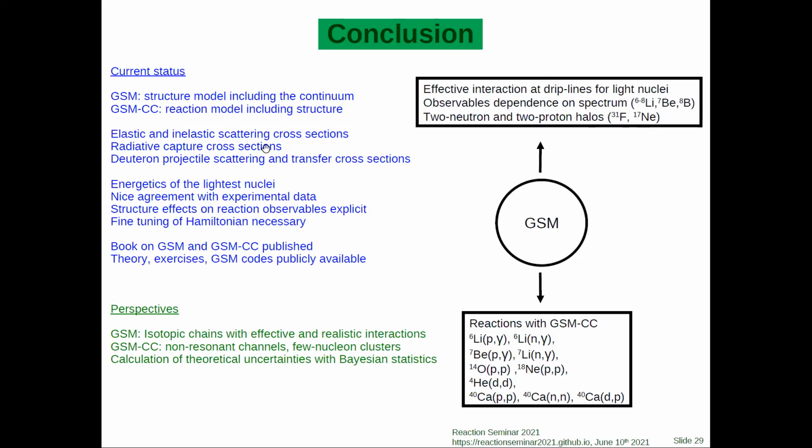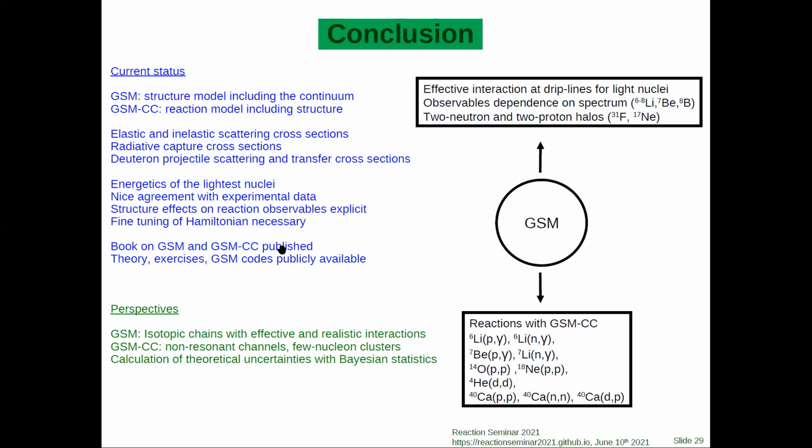From a reaction point of view, we can consider elastic and inelastic scattering cross-sections, radiative capture cross-sections, and also many-body projectiles, with the example of the deuteron projectile calculated for scattering and transfer reactions. Still, we need to fine-tune Hamiltonian parameters, but we hope that soon we could get an approach where a single Hamiltonian can describe both structure and reactions.